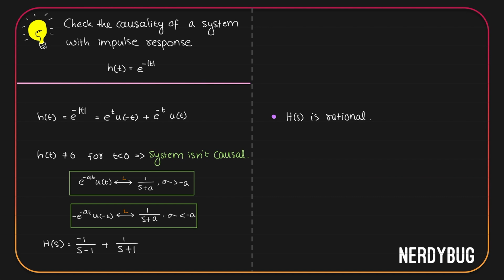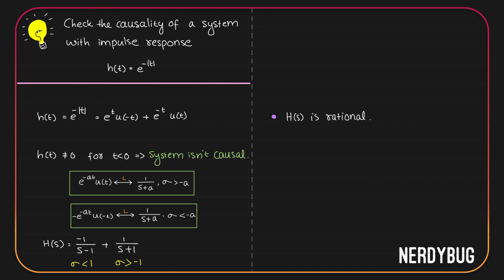Let us check ROC. For the first one, sigma less than minus a, and a is minus 1 here. So ROC is sigma less than minus of minus 1 or 1. For the second part, sigma should be greater than minus a, which is 1 there. So sigma greater than minus 1.